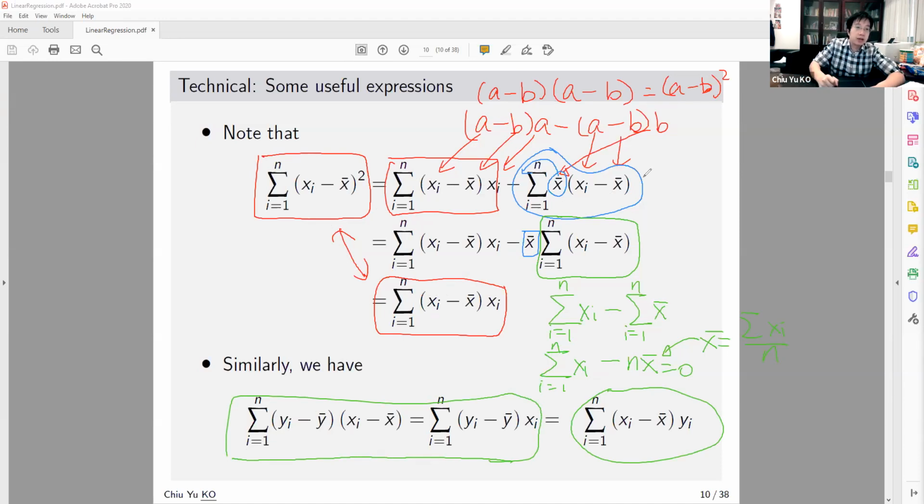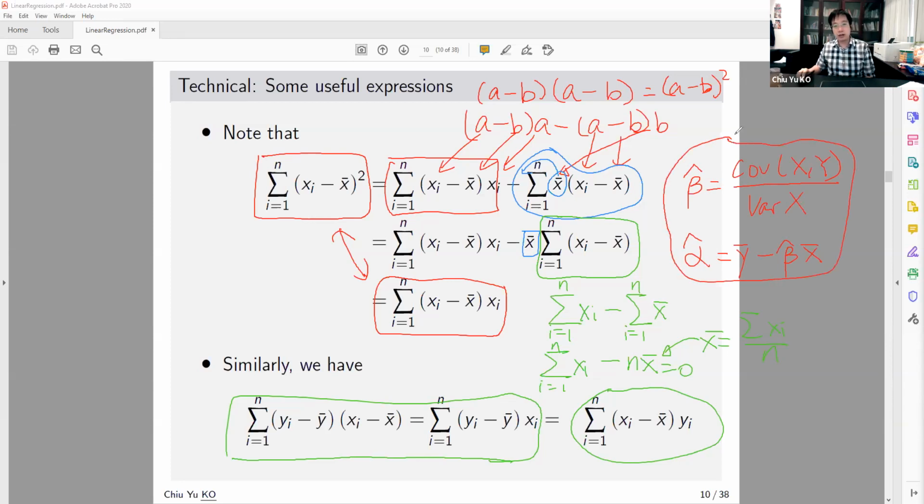Just remember, although there are many proofs, what we're doing here is proving that this is the case: covariance of xy over variance of x, and alpha hat comes from the idea that the line passes through the center, so it's y bar minus beta hat times x bar. I hope you have some idea about this formula, at least in your head, some idea why this is true.